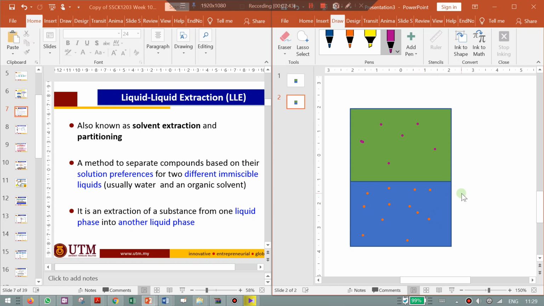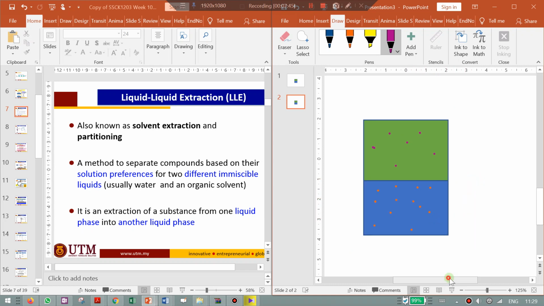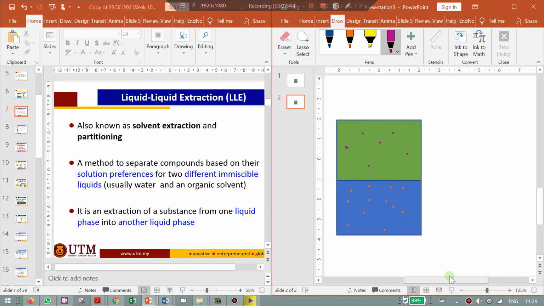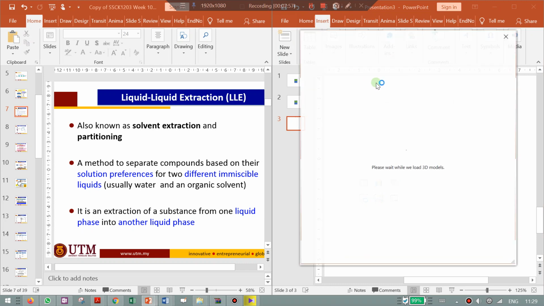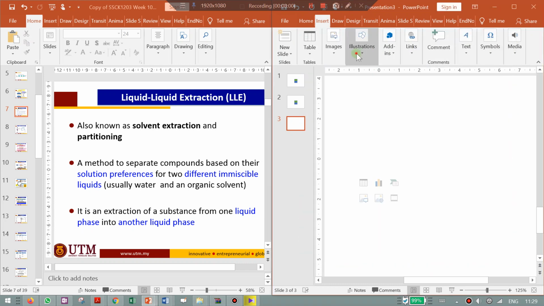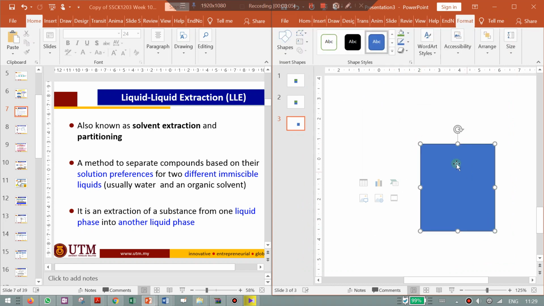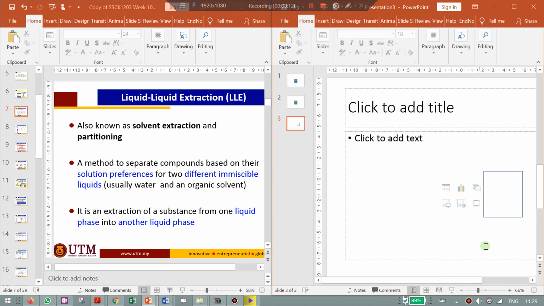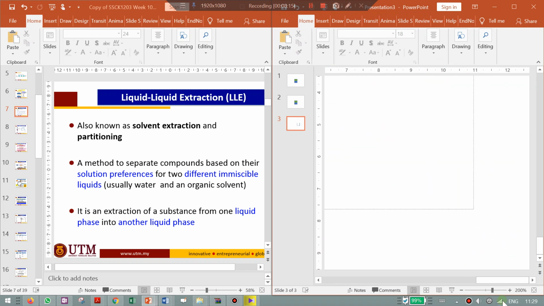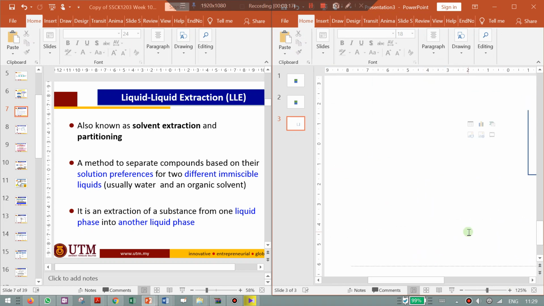Okay, I give you another example so you guys can understand. Let's say you have your container over here.